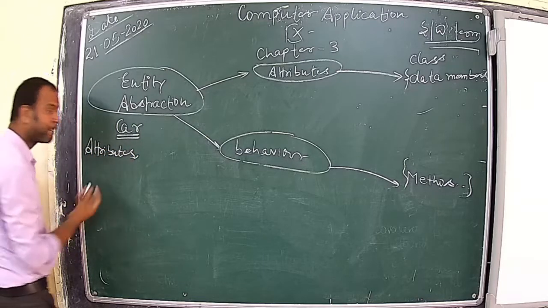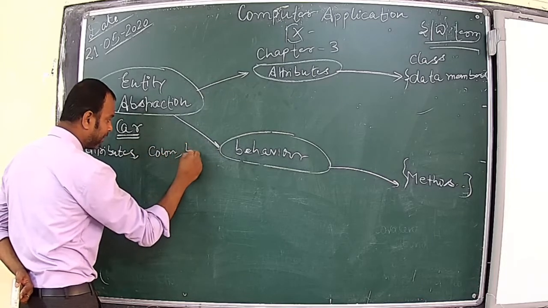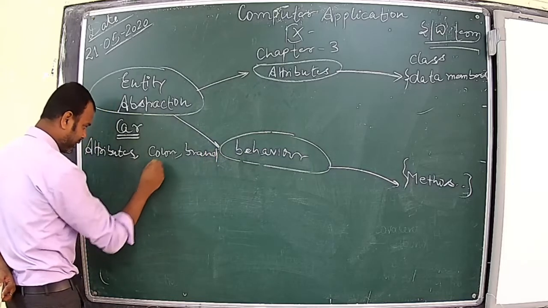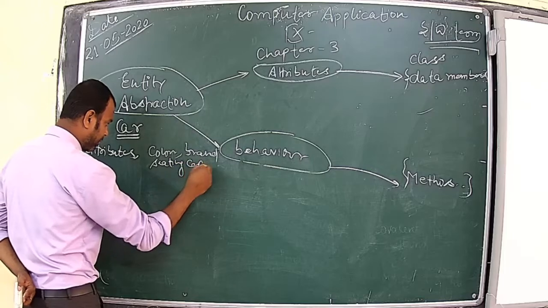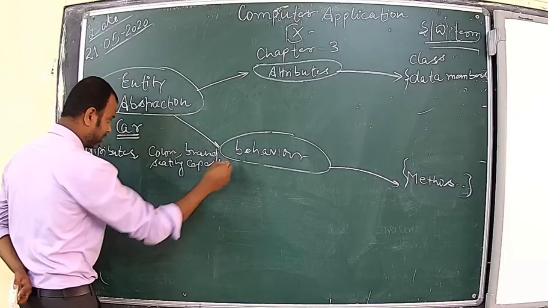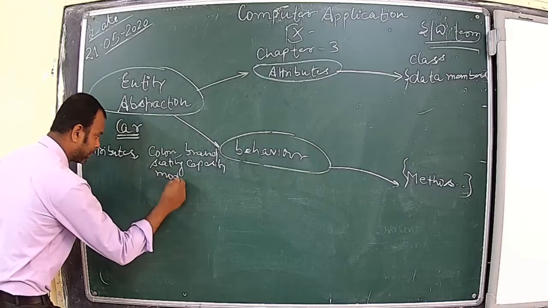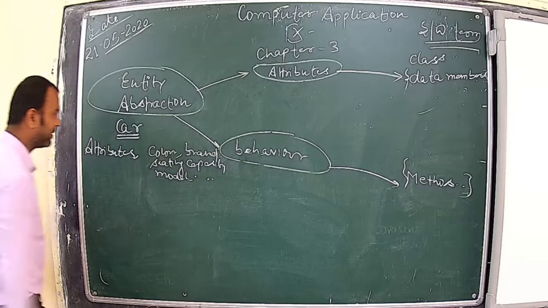Like color, brand, sitting capacity, model, and so on. So many attributes maybe.